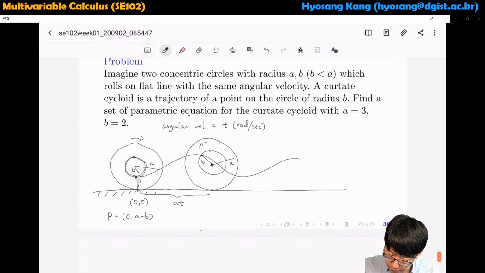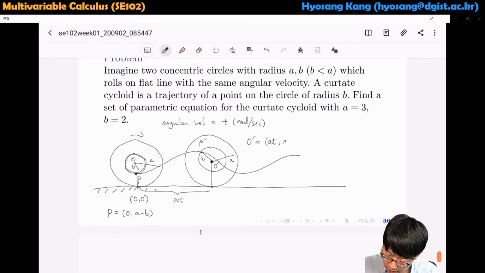So your center is where? Let's say O prime here, and this is O. So O prime is at at, comma a, because that's the center of the radius a circle. That's the vector from origin O, as this is the origin.